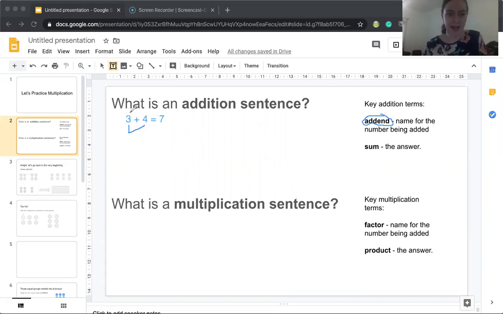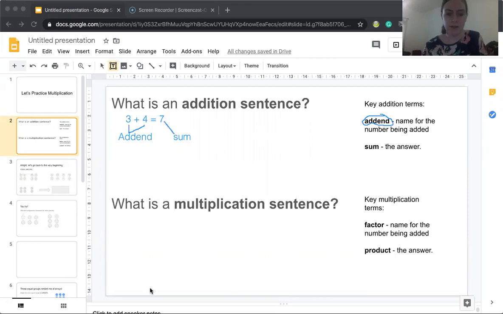So 3 is an addend and 4 is an addend. And then over here, we know that the answer to an addition question is called the sum. So that is this guy right here, the sum.